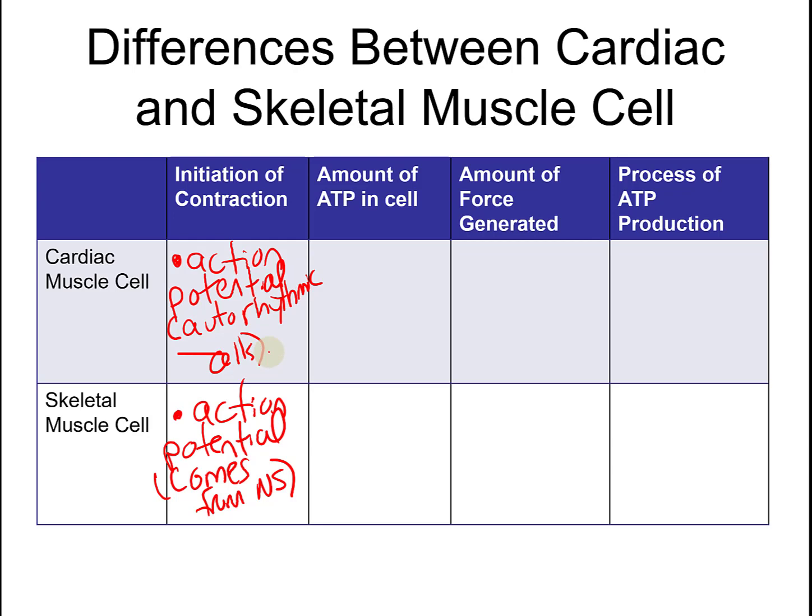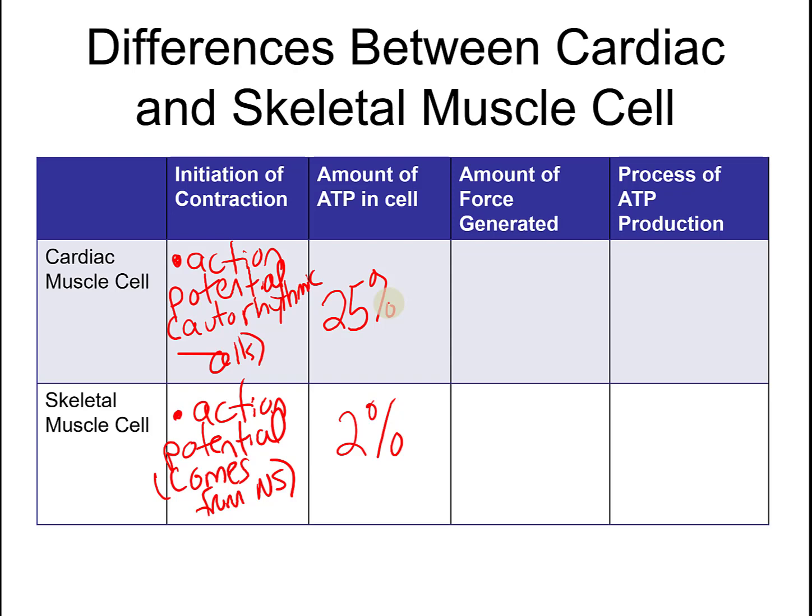So there's a difference. Another difference has to do with the amount of ATP stored in the cell. In a skeletal muscle cell, there is about 2% ATP by volume, 2%. In a cardiac muscle cell, there is about 25% ATP by volume.